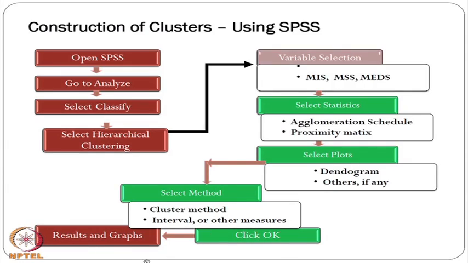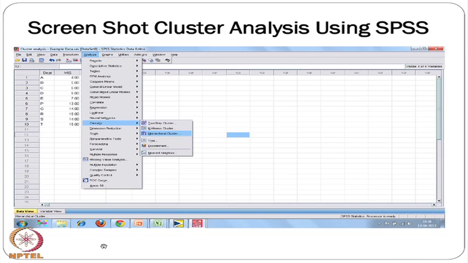So, you have to find some way or other the distance. Once you get the distance, then these algorithms are applicable. Then once you click OK, within a second probably, depending on the memory available, you will get the result. Now, I will show you the result here.